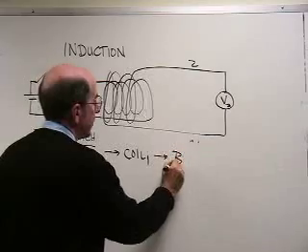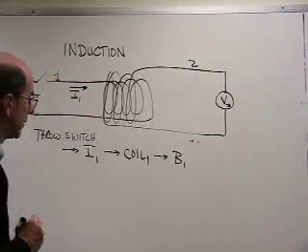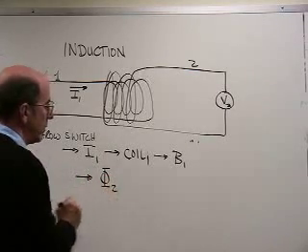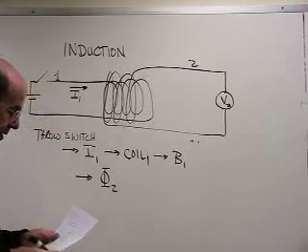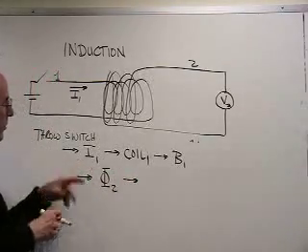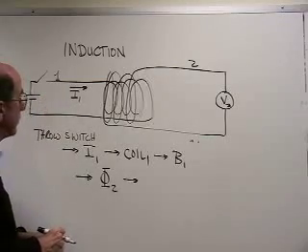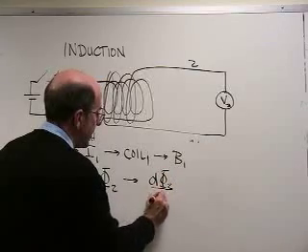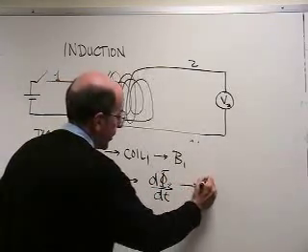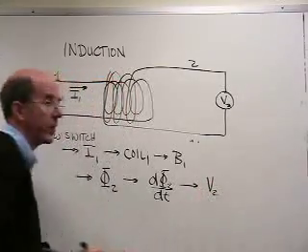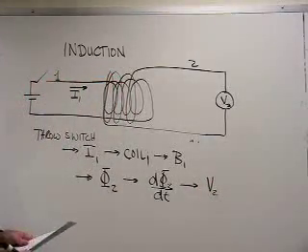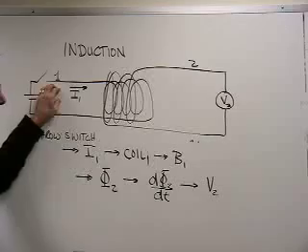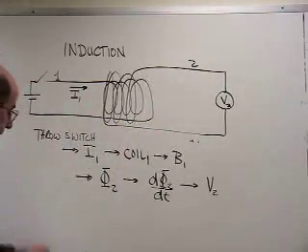That's going to produce a B field in that coil, which is going to produce a flux in coil 2. Since the current is changing when we close the switch, that's going to give us a d phi dt, and then through Faraday's law we're going to get an EMF which we will measure with that voltmeter V2. Okay, so that's the general idea. We're going to use a current in the first coil to induce a voltage in the second coil.